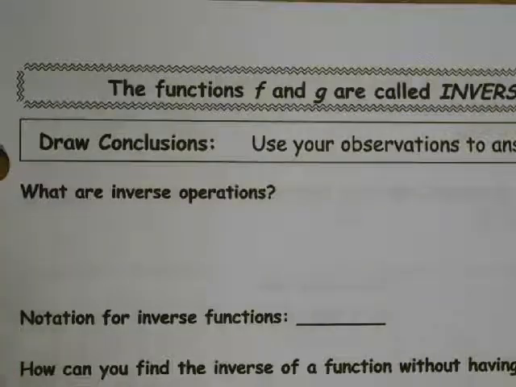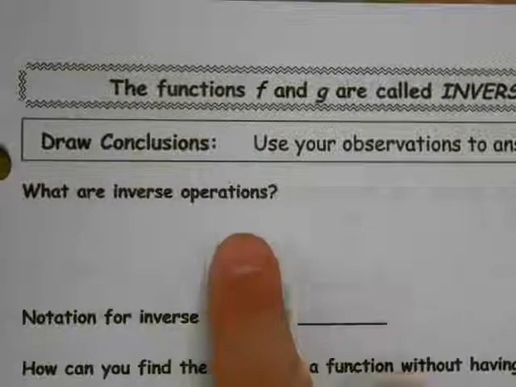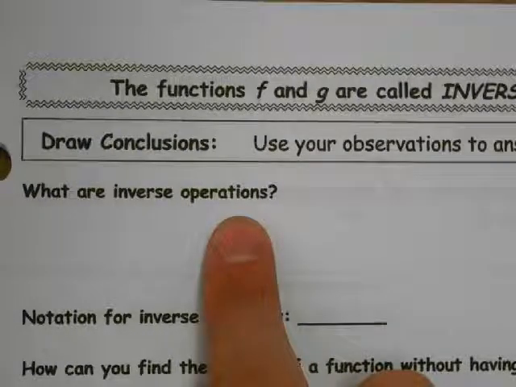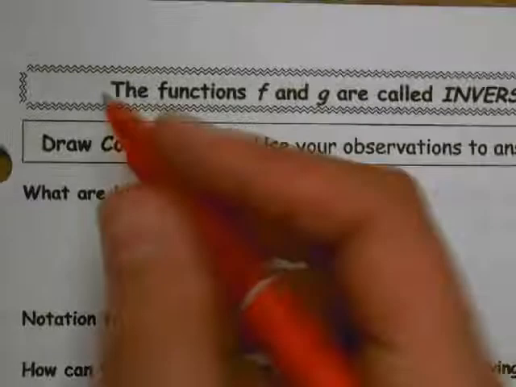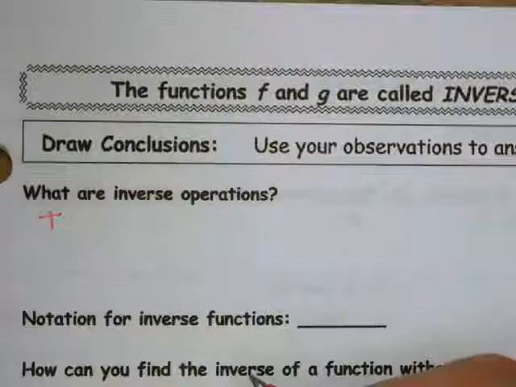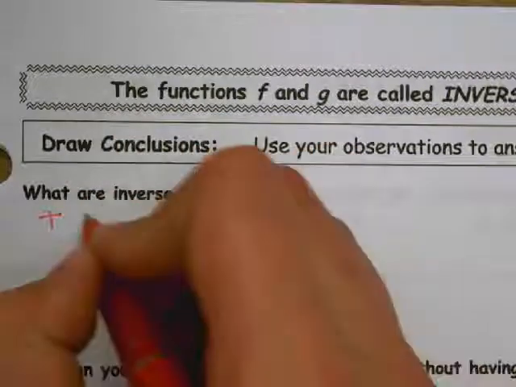So at the top of page 3 it says, what are inverse operations? So if you recall, operations are like plus, minus, multiply, divide. And so inverse operations are operations that undo each other. So if I start off with addition, the operation that undoes addition is subtraction.